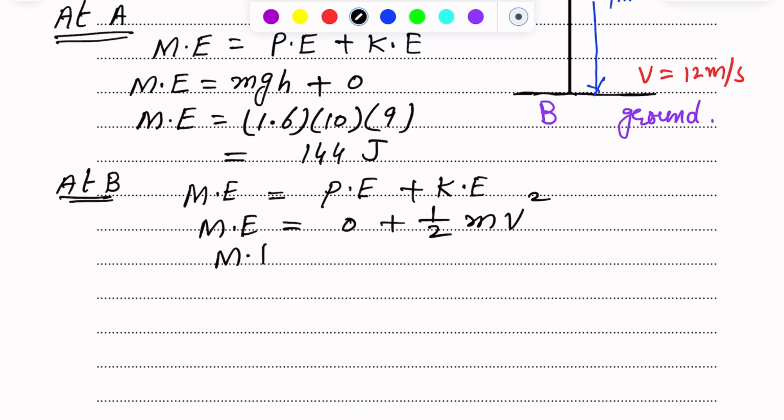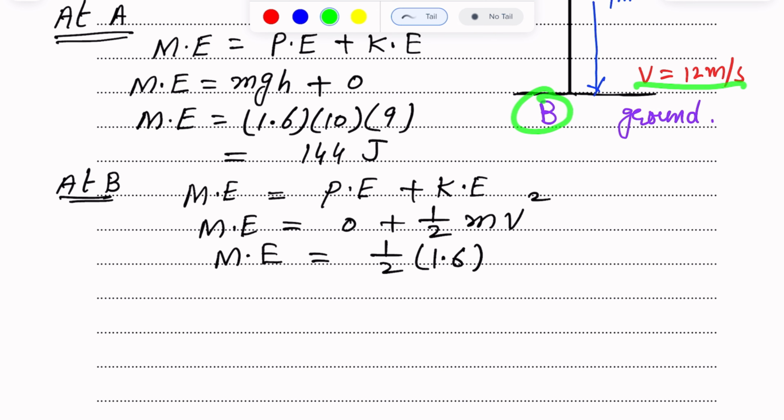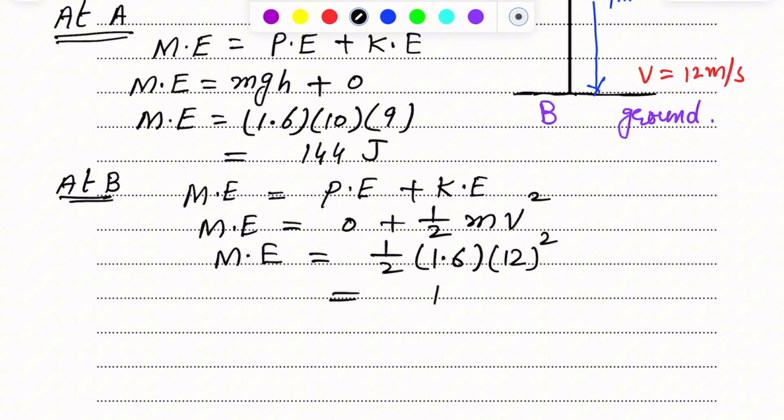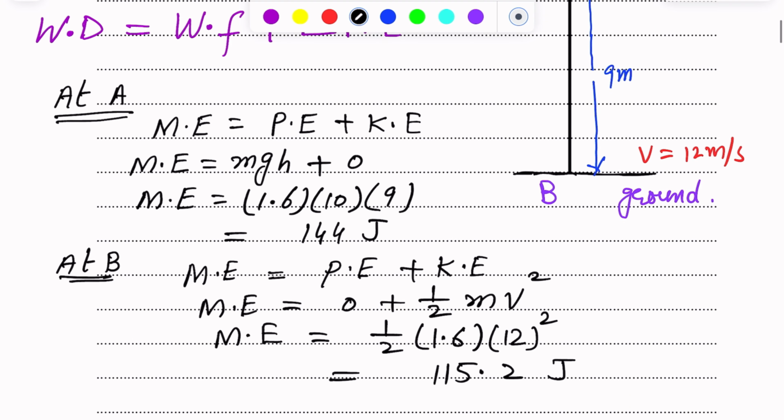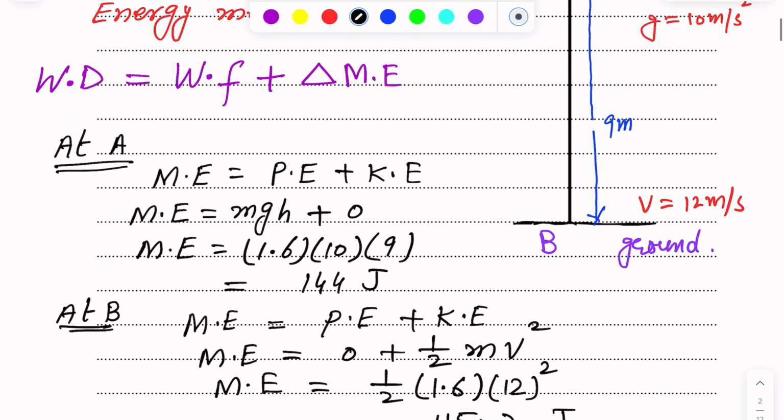Putting the values of m and v, we get 1 over 2 into 1.6 into 12 squared. After calculating, mechanical energy at point B is 115.2 joules.